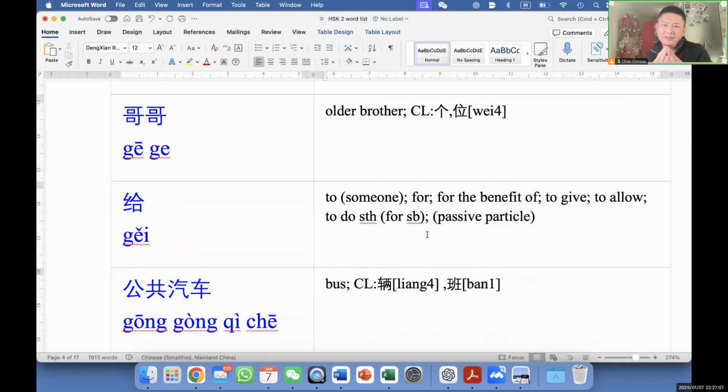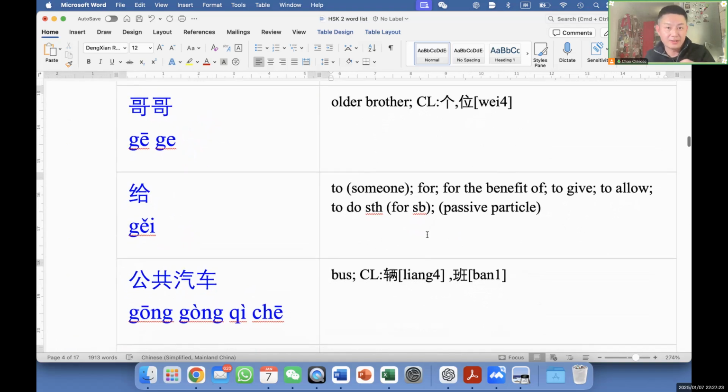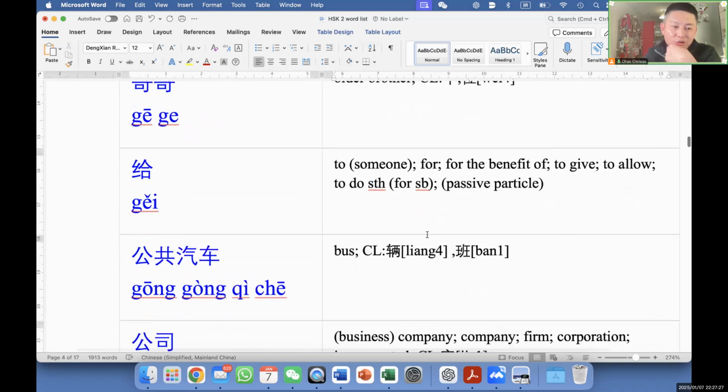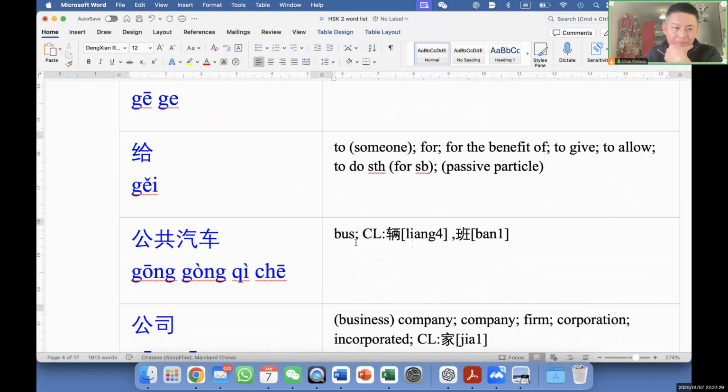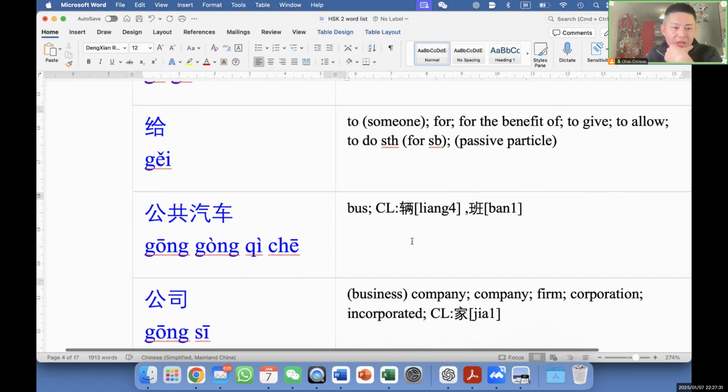So the action of give is weakened a lot into sort of a to, like I 打电话 to you, right? So it's actually more likely to be considered a preposition in the Chinese language. But of course, you understand the connection. 给 to you, right? So 给, important word.